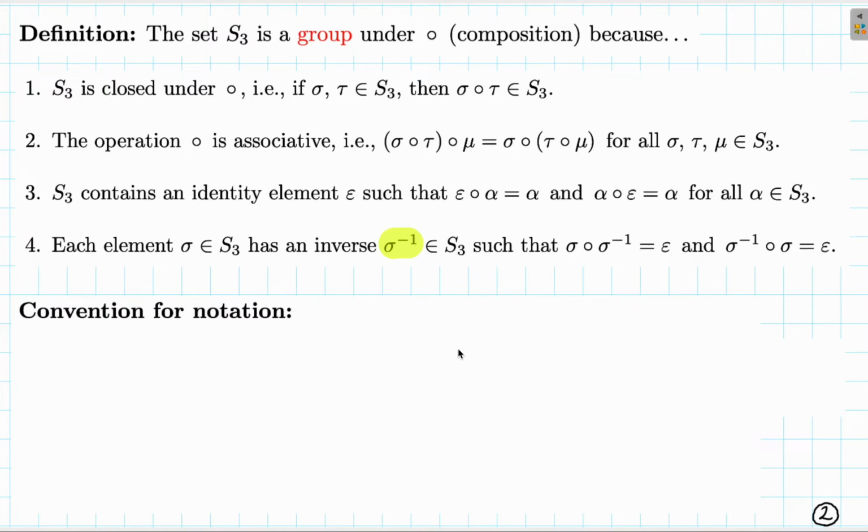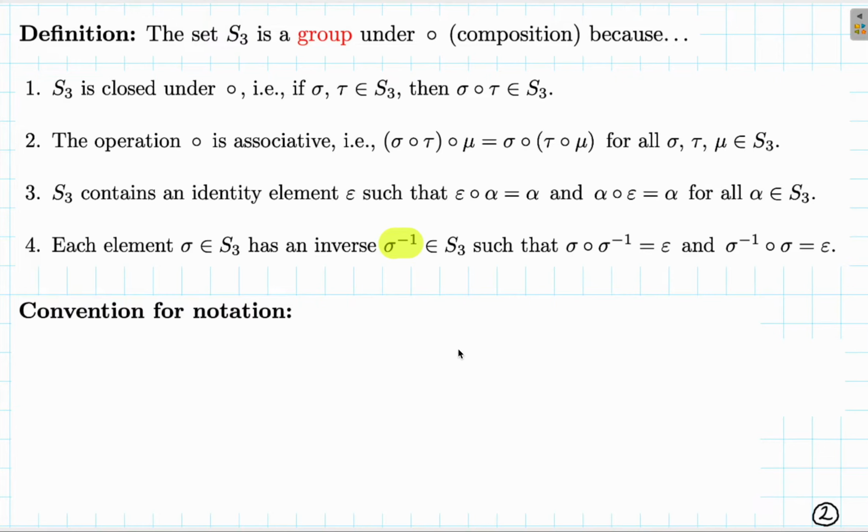And so each element has an inverse that's also in S3. And so those are the four group properties, and a set and an operation that satisfy those four group properties is called a group.